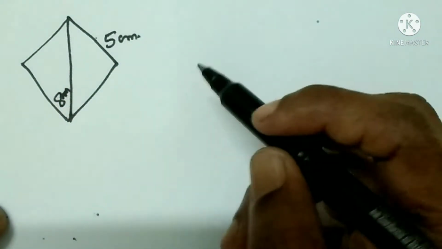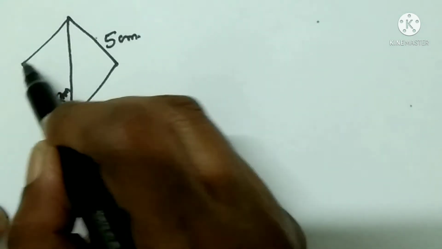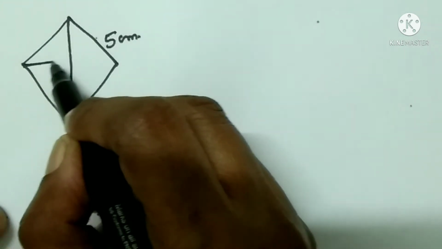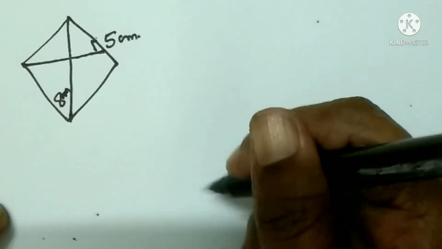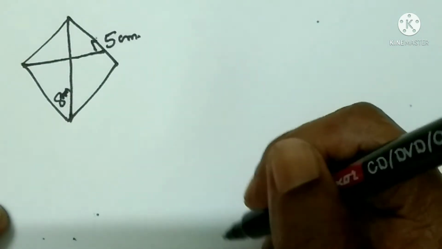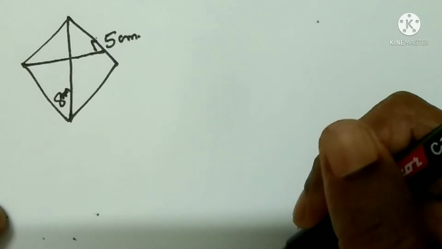Now what is altitude? Altitude means if you draw a perpendicular from one vertex to another side, that is called altitude. Okay, now how to find the area of a rhombus?